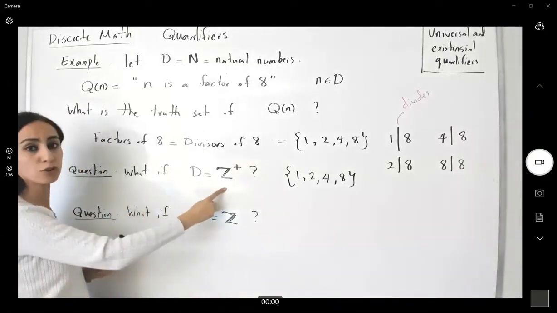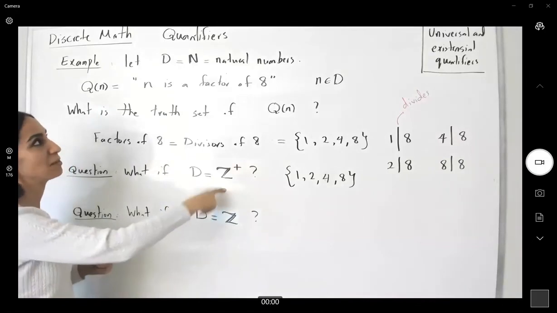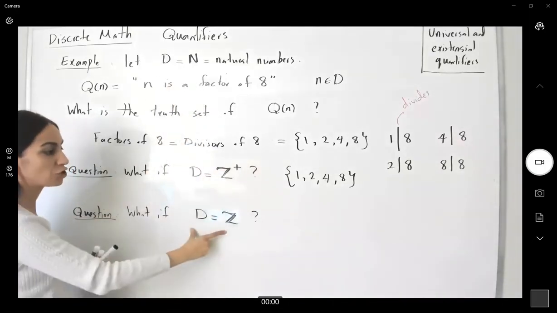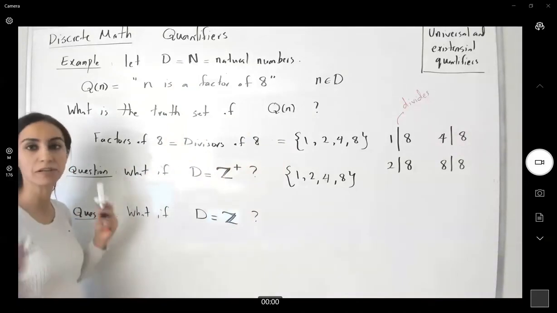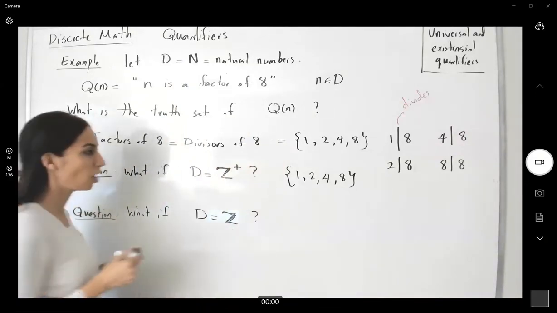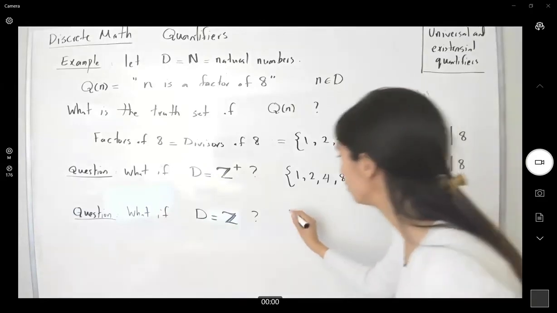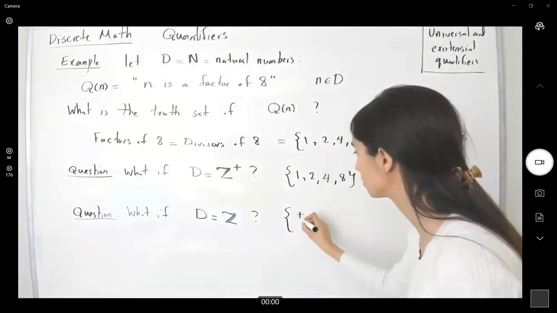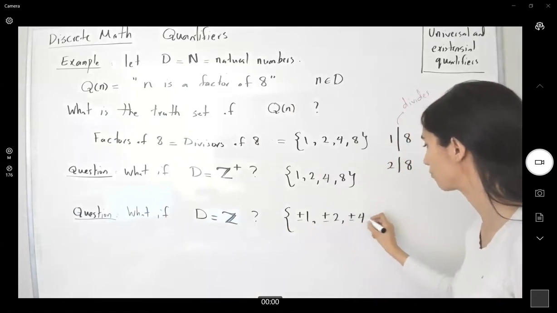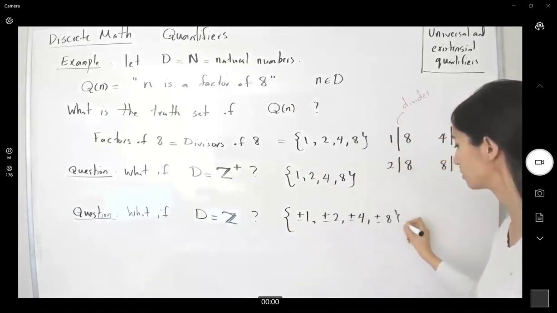If we change the domain to positive integers, it's going to be the same as the natural number set, and the truth set is going to be the same. But if I change the domain to Z, remember Z includes positive and negative numbers. So the truth set includes plus minus 1, plus minus 2, plus minus 4, and plus minus 8.